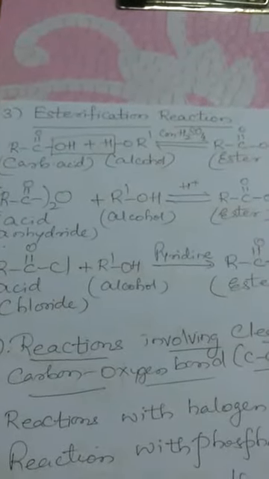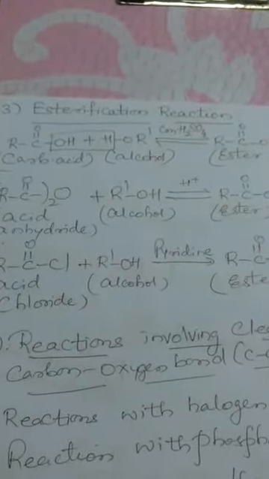If you look at the reaction equation there, OH from the carboxylic acid and H plus from alcohol are eliminated as water. So essentially a dehydrating agent is to be used. The dehydrating agent used is concentrated sulfuric acid. And whatever remains, look at the formula there, RC double bond O R dash, is the general formula of an ester. The product formed is an ester with the liberation of a water molecule.